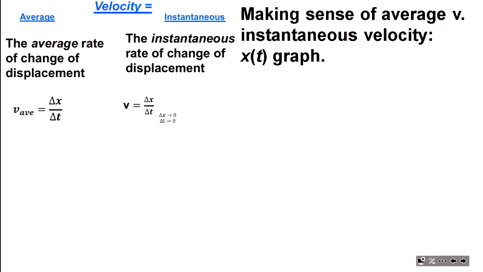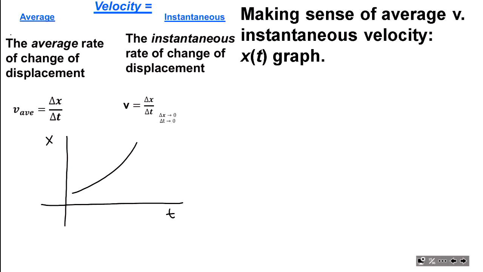We can use graphs to extract information about average velocity and instantaneous velocity. So let's say some object is traveling, and we have a graph of position as a function of time, like a cart running down the track.